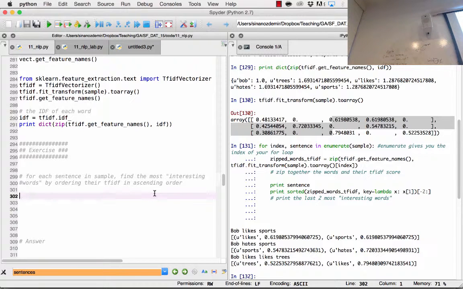For the second sentence of index 1, row 1, the second row, is the TF-IDFs of that sentence. The third sentence of index 2, well, row 2, the third row, is the TF-IDFs of that sentence. So if we can go through each sentence, we know the index of the row. We know which row we want. And how do I get names and TF-IDFs together? This line, 291, will do that for you.